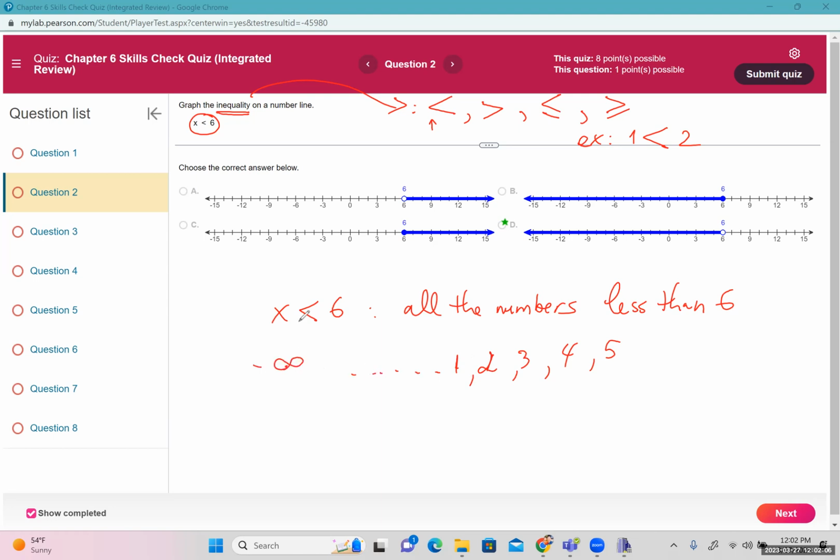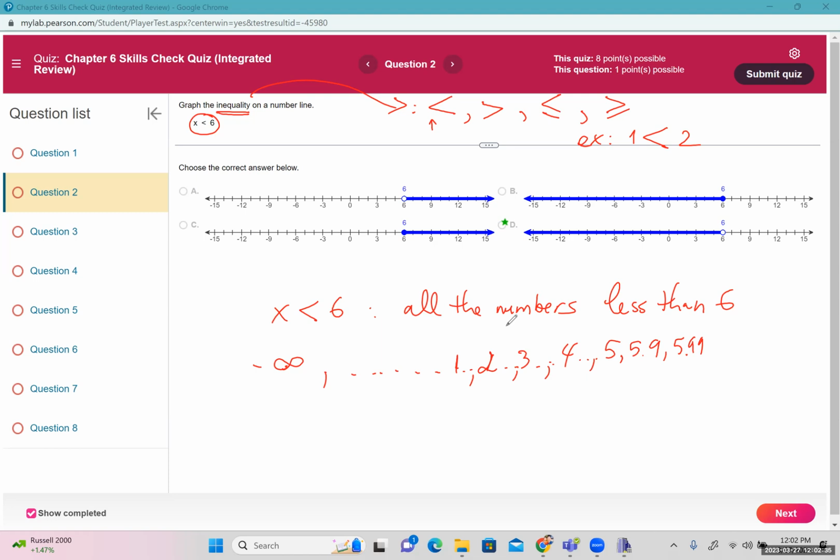Keep in mind that I should also include decimal numbers, because I say all the numbers. If I say 5.9, 5.99, something like that. So it's not only integers, it will include all the decimals, we call them rational, all right?